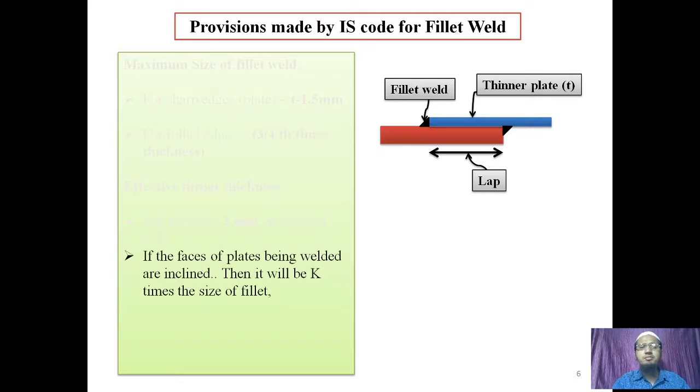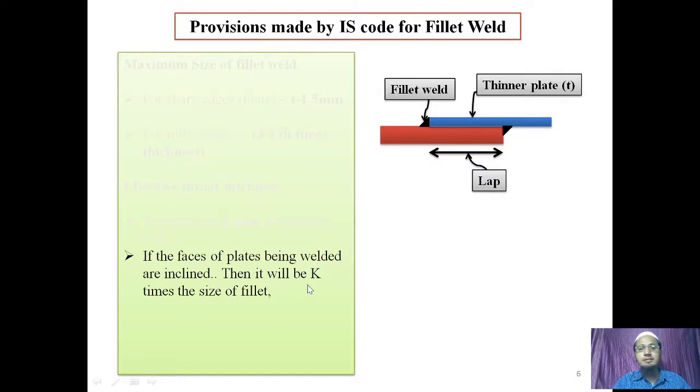Now if the faces of the plates being welded are inclined: generally we go for a fillet weld to join two perpendicular faces, but in some cases the faces are at some inclination, and then the throat thickness will be taken as K times the size of fillet. What is this K? This K is a factor which depends on the angle of inclination between the fusion faces.